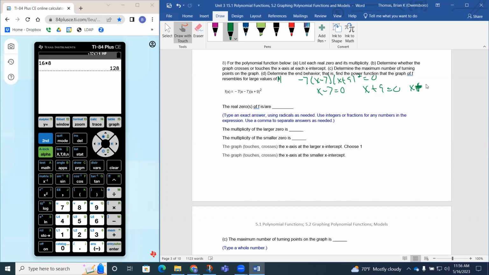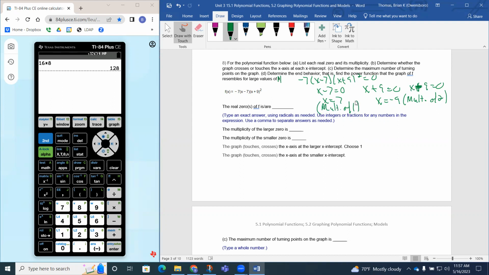Since it's a power 2, that means there's 2 of those present. So if I solve those for x, I have x equals 7. I have x equals -9. But notice how it occurs twice. Since it occurs twice, we call that a multiplicity of 2. So I'm going to abbreviate multiplicity of 2, since there's 2 of them. Notice the 7 only occurred once, so this really only has a multiplicity of 1.